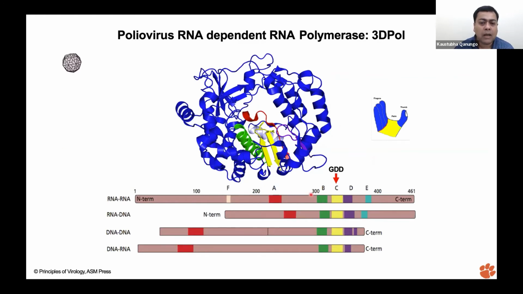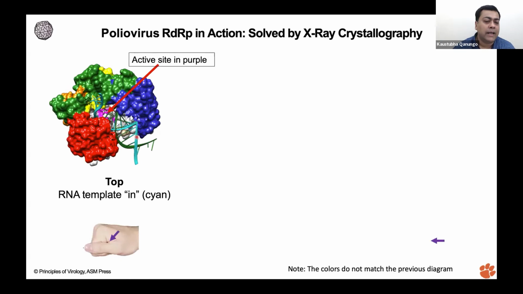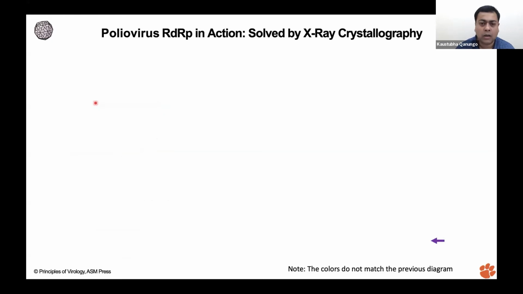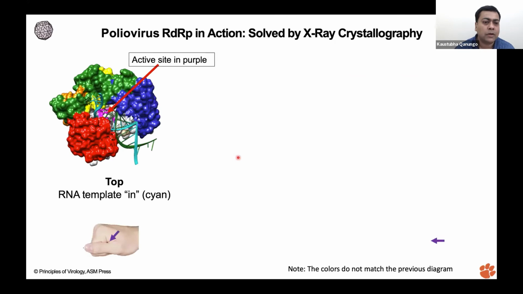So let's take a look at how these 3D pol, or the RNA-dependent RNA polymerases of the poliovirus, actually work. The first thing we are seeing is that here we are looking at the RNA polymerase, and again, remember that this color code right here is very different from this one. They are not the same, so do not compare those.